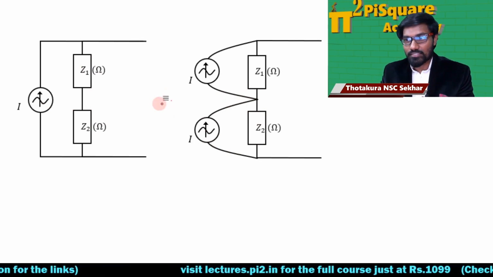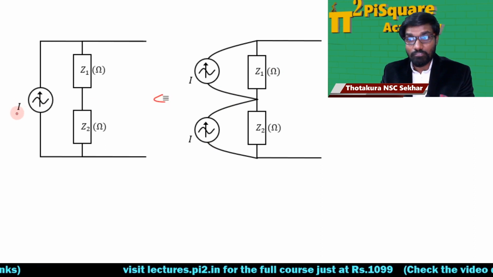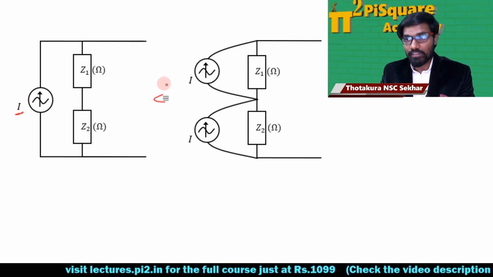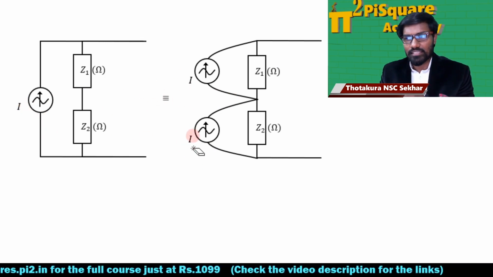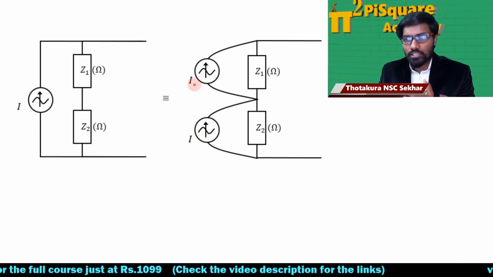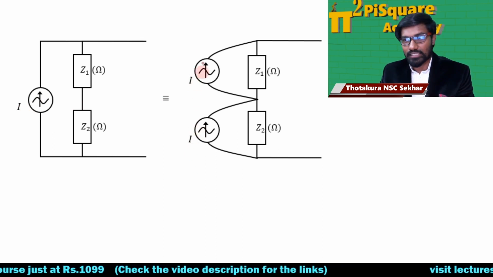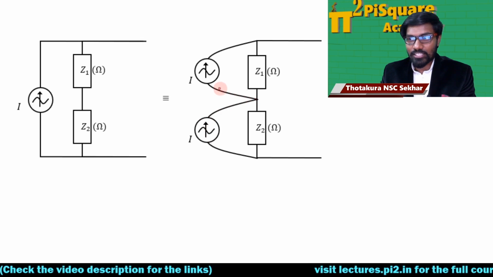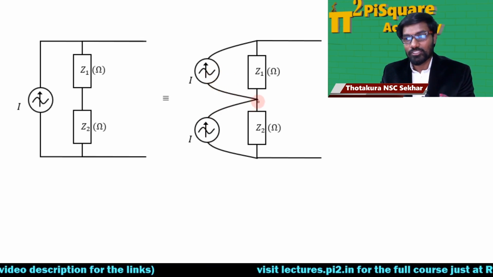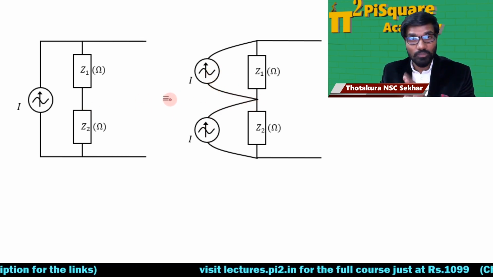If you have this, you can equivalently represent it as this. Values are the same here. If it is 5 ampere, here also 5 ampere, whatever it is. If it is AC, 5 sine omega t, here also 5 sine omega t, here also the same thing. Exactly the same values. Whatever is coming here, the same thing is going here. So both are exactly equivalent.